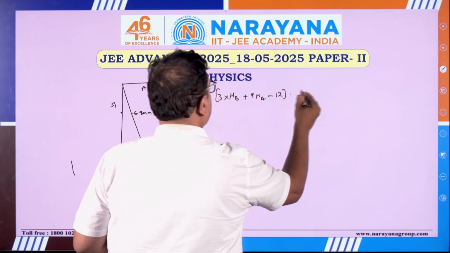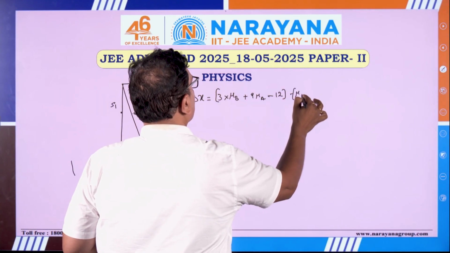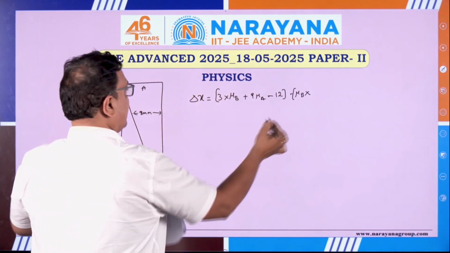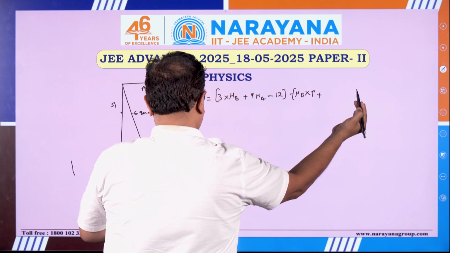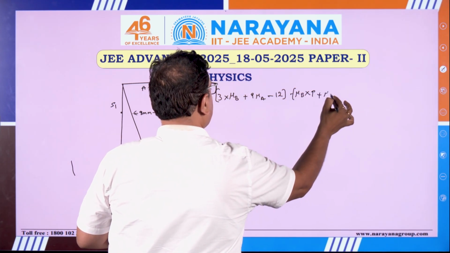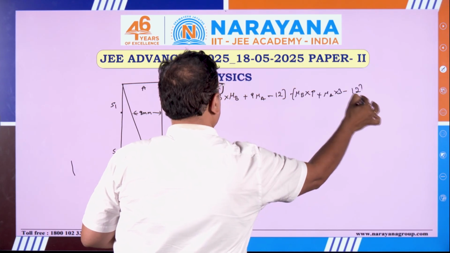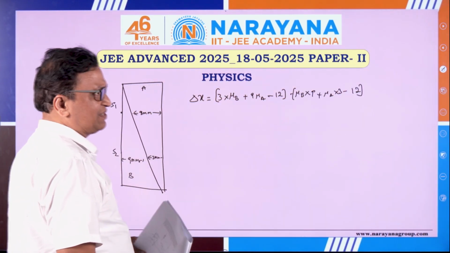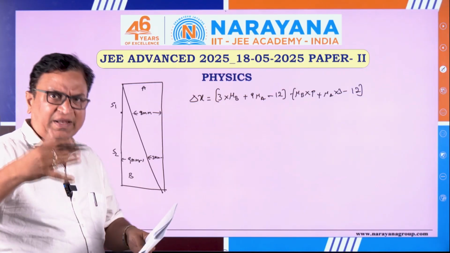Similarly, the lower side also has some path difference. Mu B times 9 plus mu A times 3 minus 12. That's the effective path difference. Earlier you used to write (mu minus 1) into t, but here combinations are there.